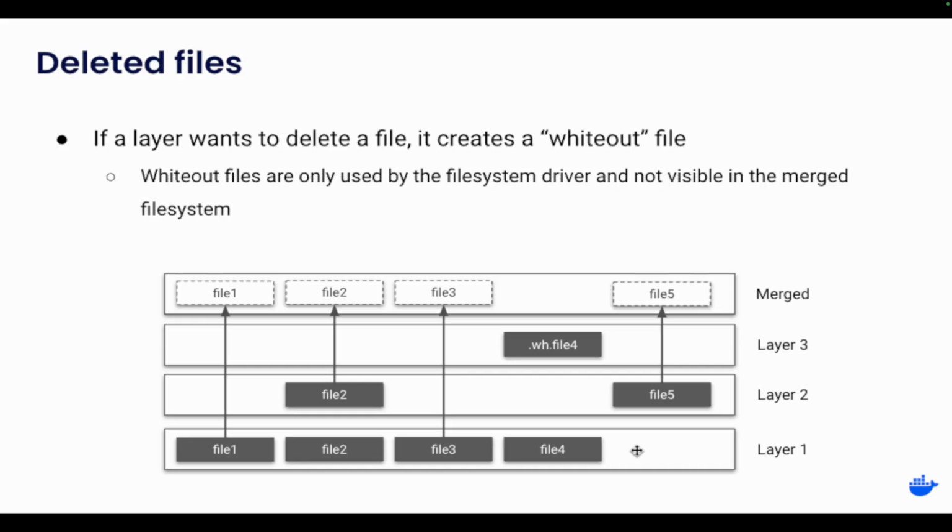Now, the incredibly important part to understand here is that file 4 still exists in layer 1. Layer 1 is immutable as of the time that it was actually written to the file system. So just because you can't see it in the merged version doesn't mean that it's not still there. And we'll come back to that and the security concerns around that in just a minute.